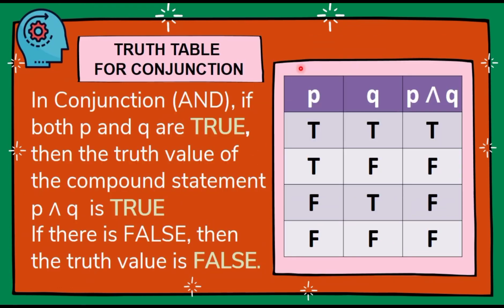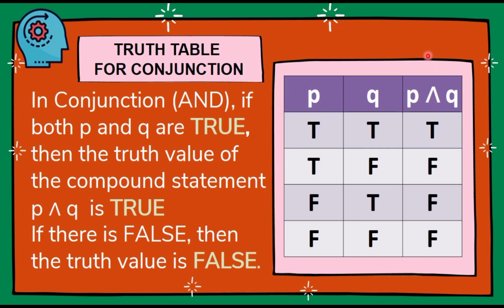Last week, I already introduced to you the truth table for conjunction. And this is the truth value for conjunction. However, this week, I will elaborate more on how to find the truth table for each logical operator.